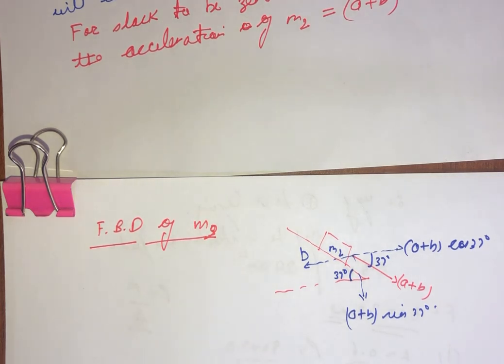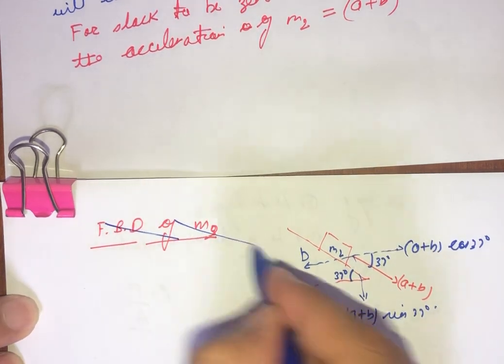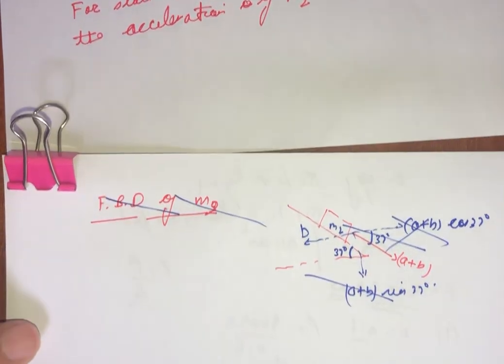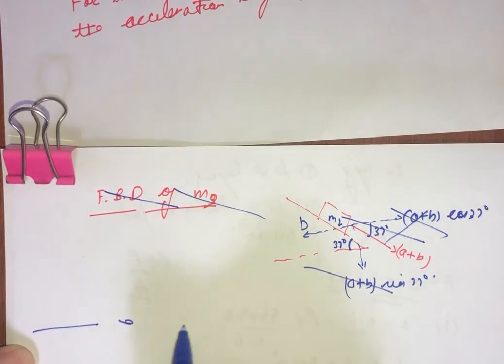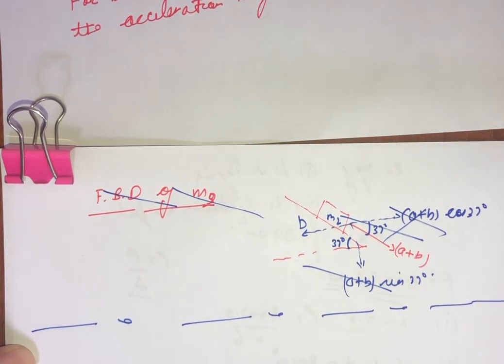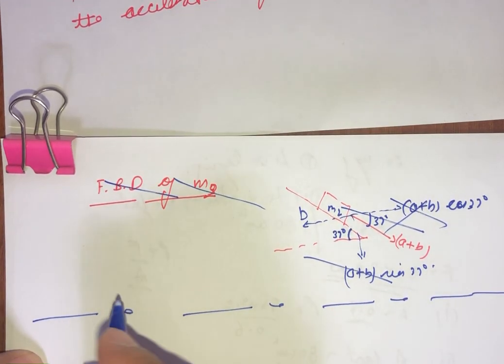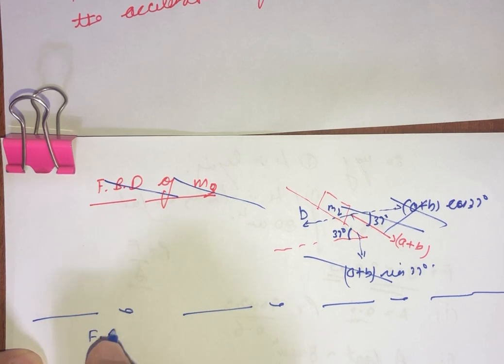So various forces will be acting in the horizontal direction. Let me draw it again. Let us start with the free body diagram of M1.